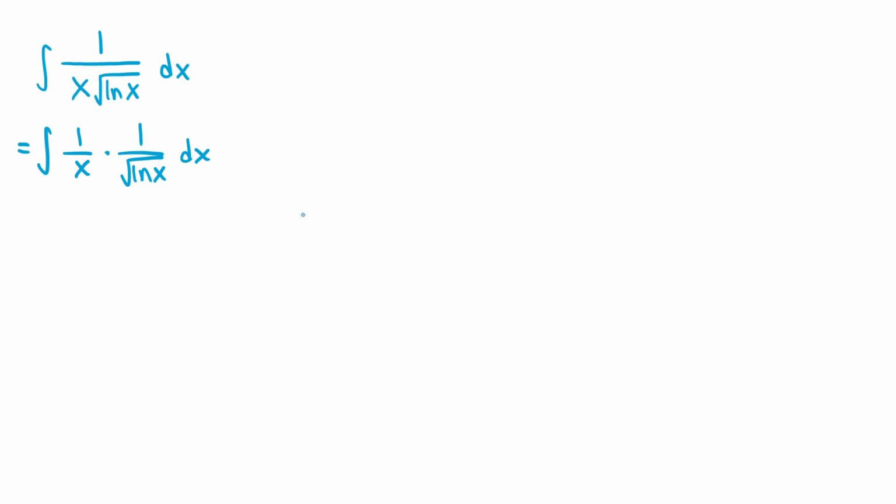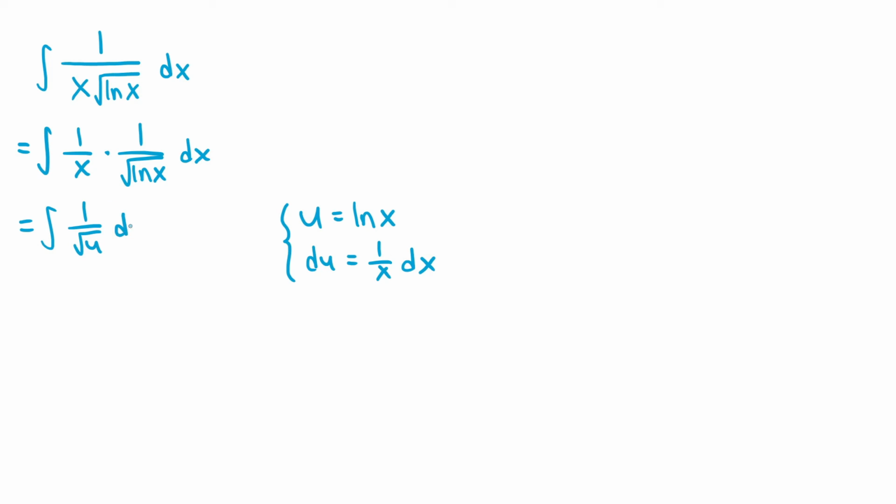So now we can let u equal ln x, so this means du equals 1 over x dx. So now we can do the u substitution because we have the 1 over x dx in the expression, which becomes the du, and then 1 over the square root of ln x just becomes 1 over the square root of u.